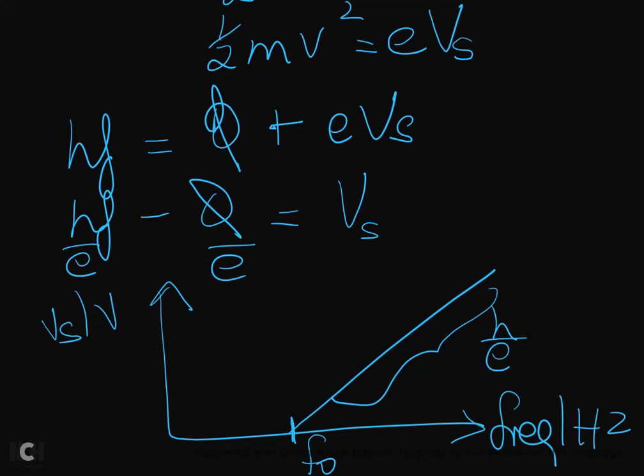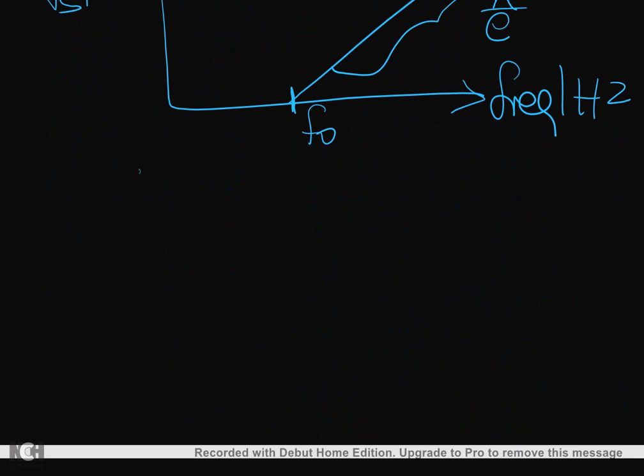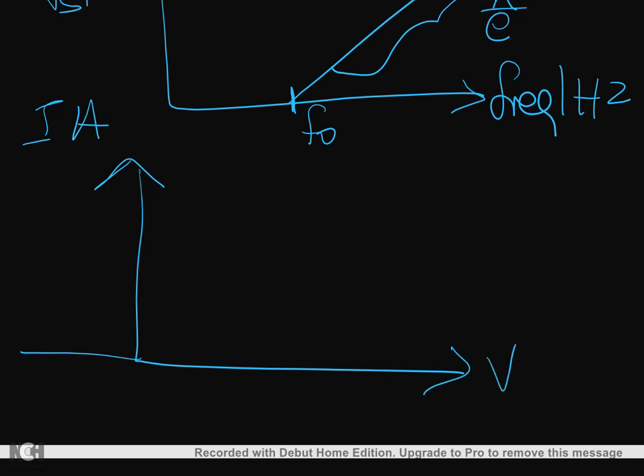So if I wanted to look at a typical graph of current versus voltage, here would be my stopping potential. It's negative because it is the reverse of the potential difference across the electrodes.